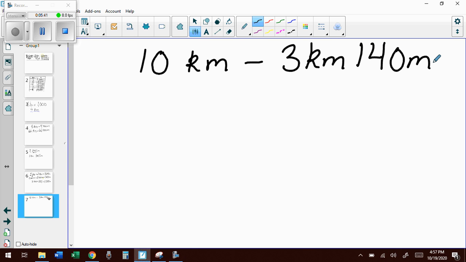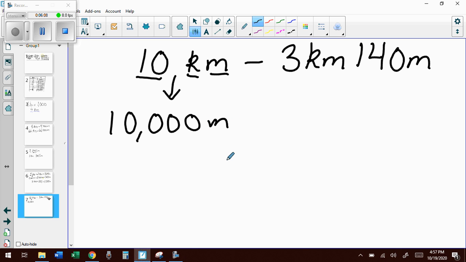We need to get these into numbers that we are familiar with. Not the km, not the m. 10 kilometers is literally 10,000 meters. So go ahead and write that. 10,000 meters.